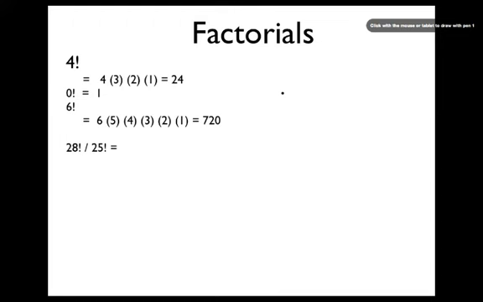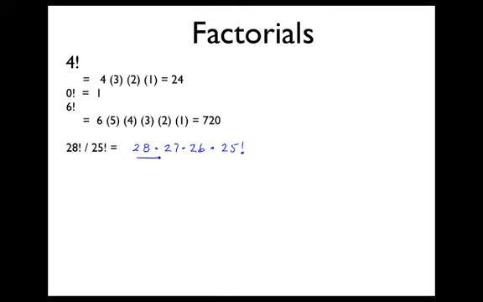Hunter's got it. Anyone else got it? Will, tell me. I think it's just 28 times 27 times 26. Okay, because 28 factorial is the same as 28 times 27 times 26 times what? 25 factorial.